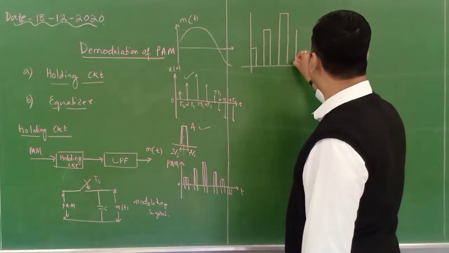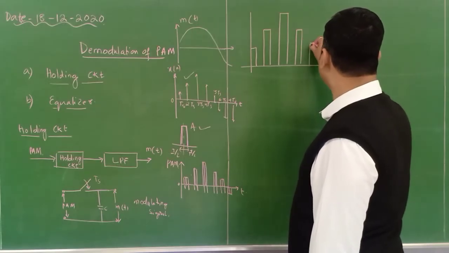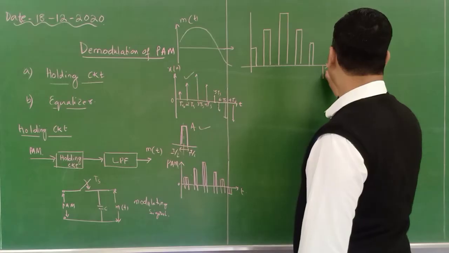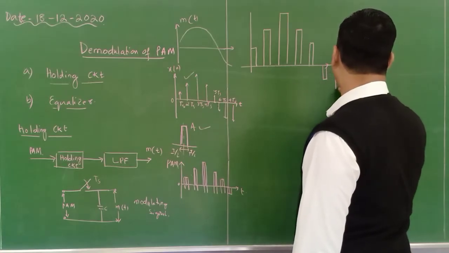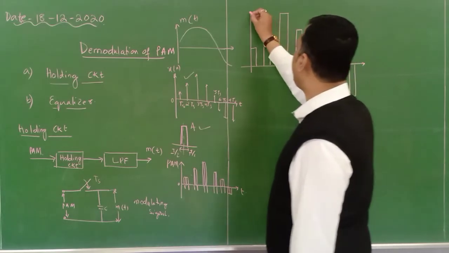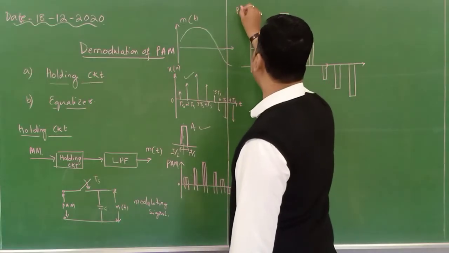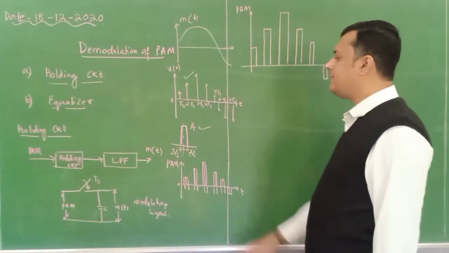This is another pulse. This is one more pulse. This is the negative component in a negative half cycle, and this is another component. So this is my PAM signal which I am going to feed to this holding circuit.